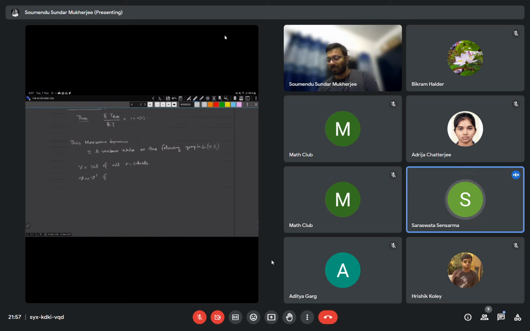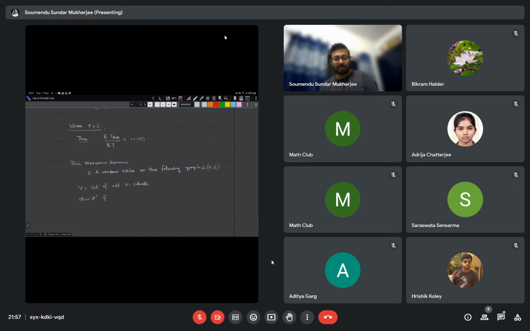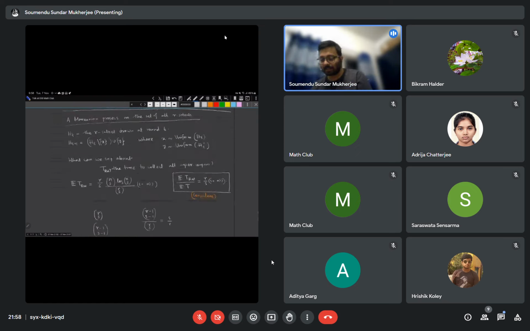Only one element is different. So what can you say about the size of their intersection? It is R minus 1, right? They only differ by one element. So this is a graph that you can define on the space of all R subsets, and this process is exactly a random walk on that graph.